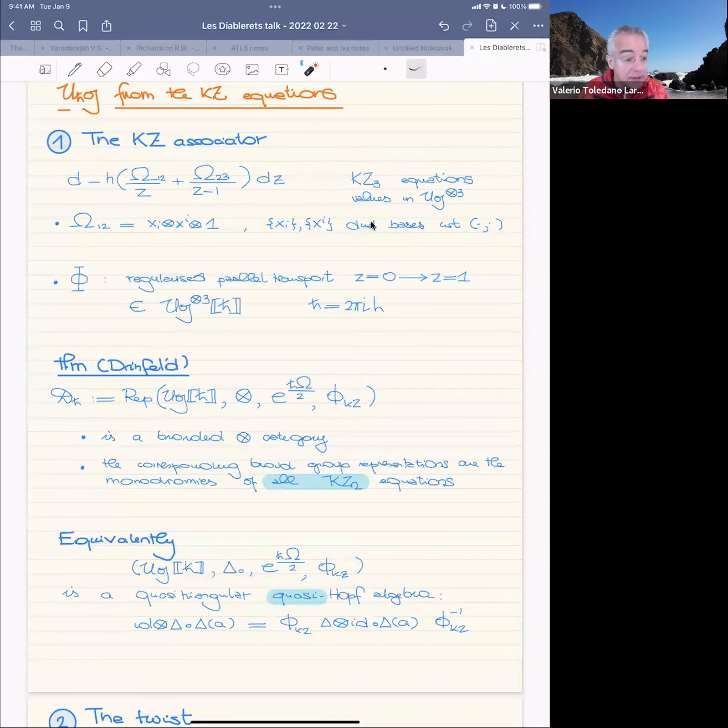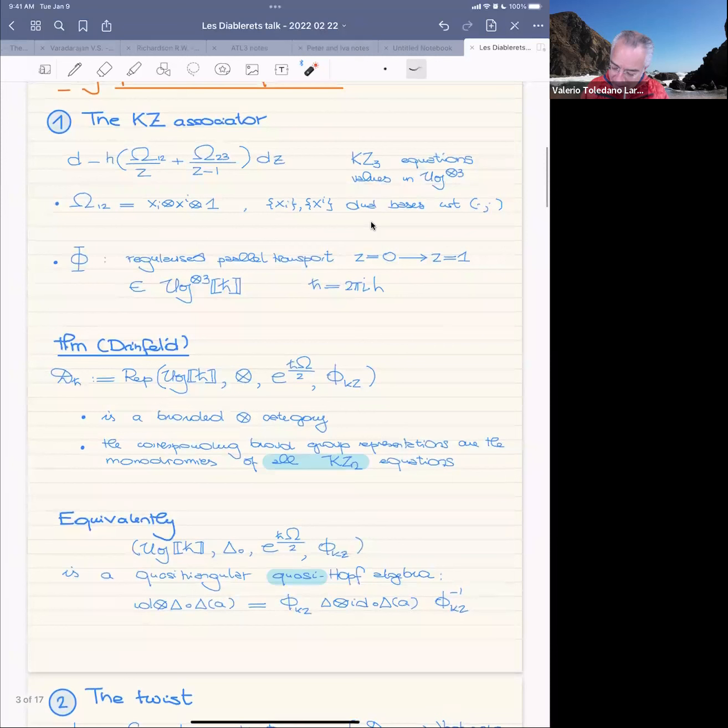Moreover, it's a useful braided tensor category because it produces lots of braid group representations. What these are is no more and no less than the monodromies of all KZ equations in an arbitrary number of points. So you've been able to compactly package all these monodromies into the statement that this short list here is a braided tensor category.